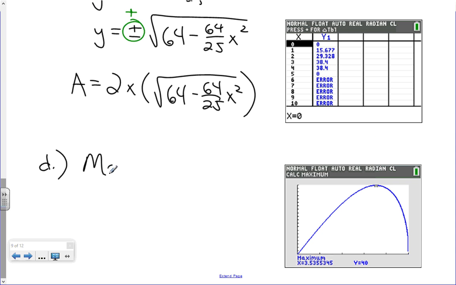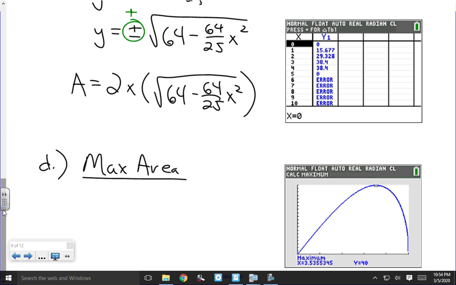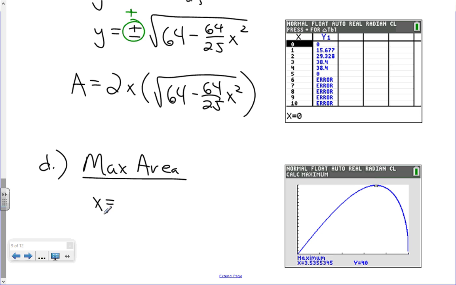So our maximum area turns out to be at this x value of 3.536, I guess. X equals 3.536. And the y value here is actually representing for us the area. So the maximum area then is 40. I'm going to just call it area, or A is equal to 40. All right, and there's how we set up that problem and solve it.